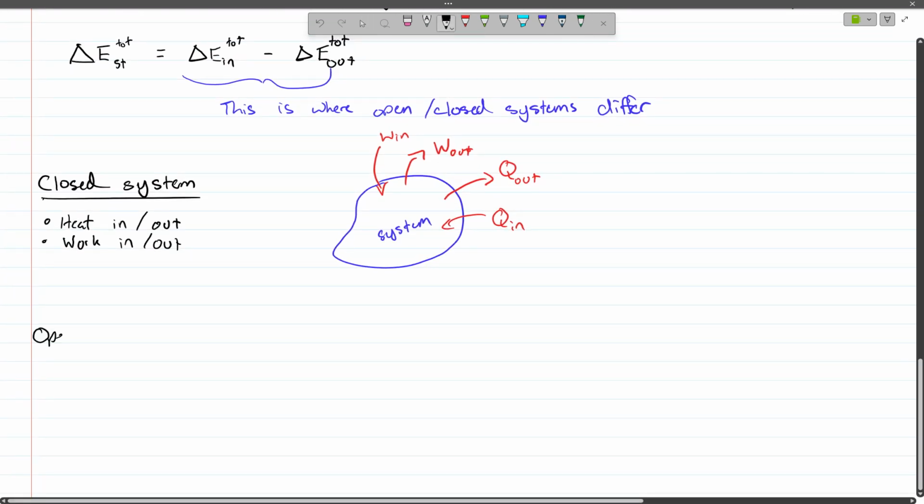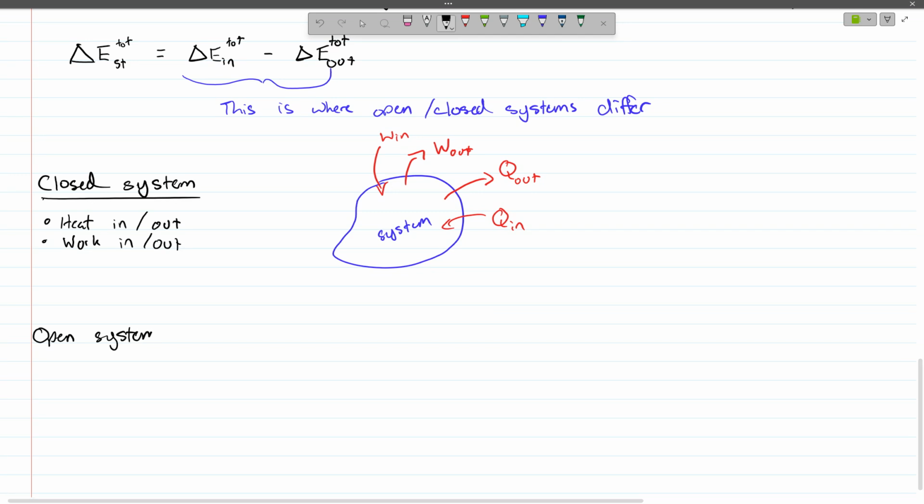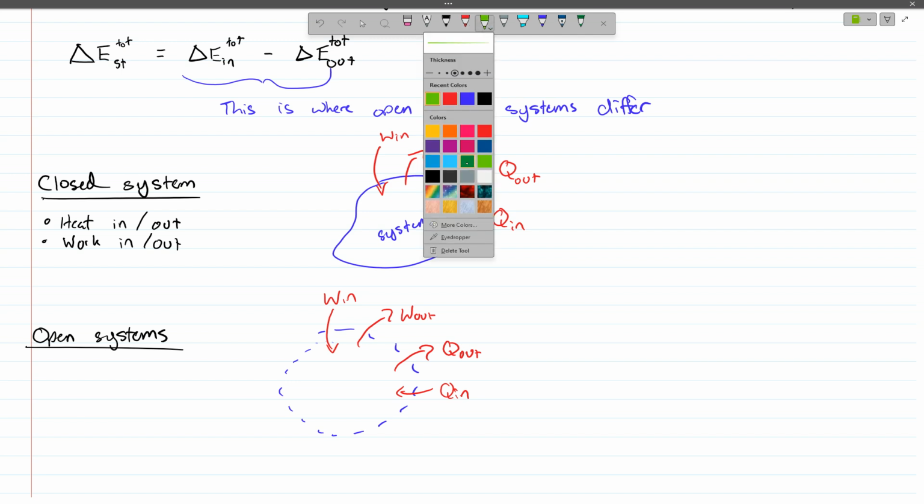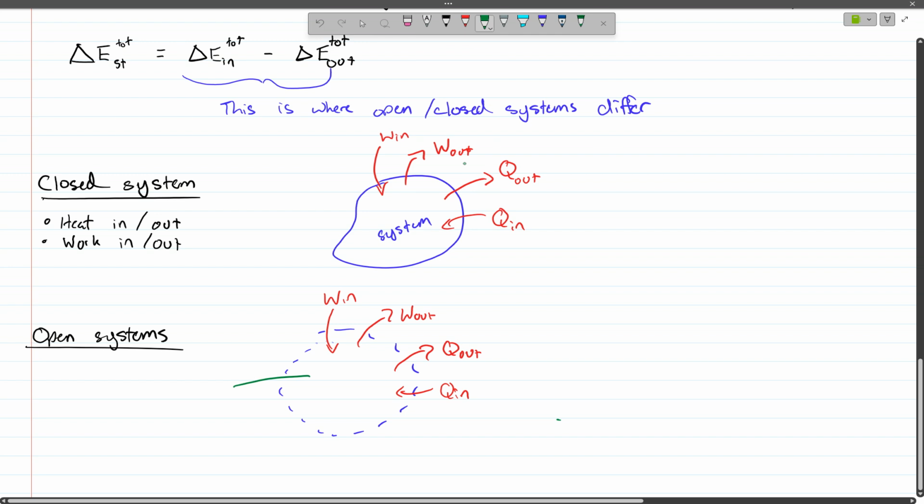For open systems, again, these are not fixed collections of matter. These are boundaries in space, regions of space. We have the same stuff. We can get heat transfer out and in. But we also have the mechanism of advection.